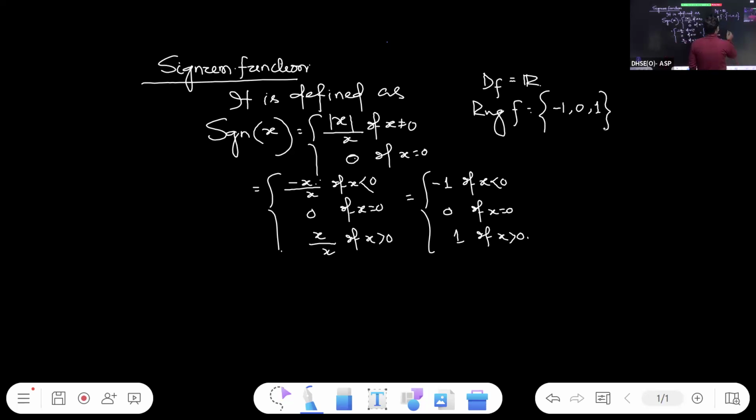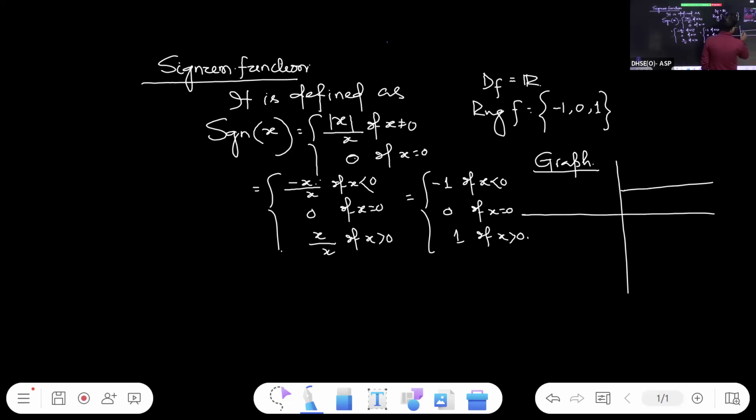And the graph of the function is: for positive values of x, y is equal to 1. For negative values of x, y is equal to minus 1, and for x equal to 0, the functional value is 0.